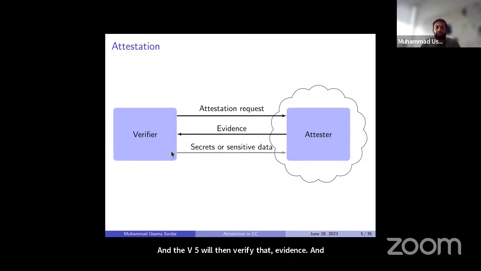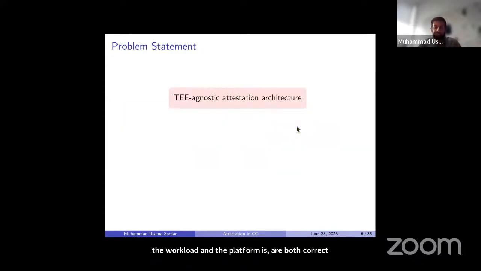Then, as shown in gray here, there is an optional step: after the attestation, it can provision some secrets or sensitive data to the attester once it's sure that the evidence of the workload and the platform are both correct.